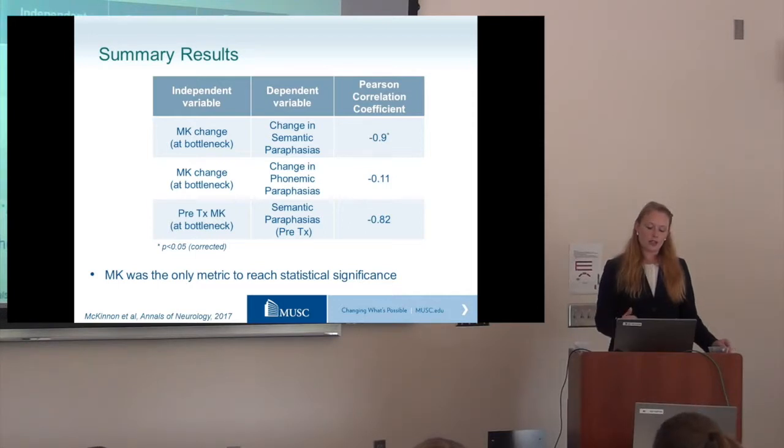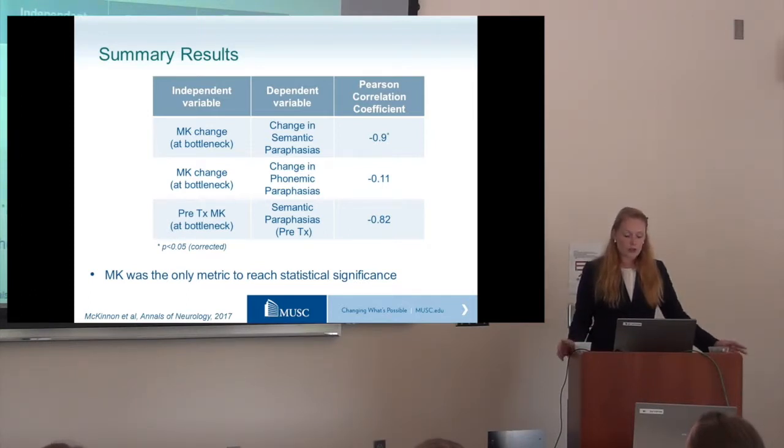The other thing that's interesting, and we're working out this idea further, is that the mean kurtosis before treatment was also related to the absolute value of semantic paraphasias, not necessarily the change, just the amount of mistakes being made, with a correlation coefficient of 0.82.